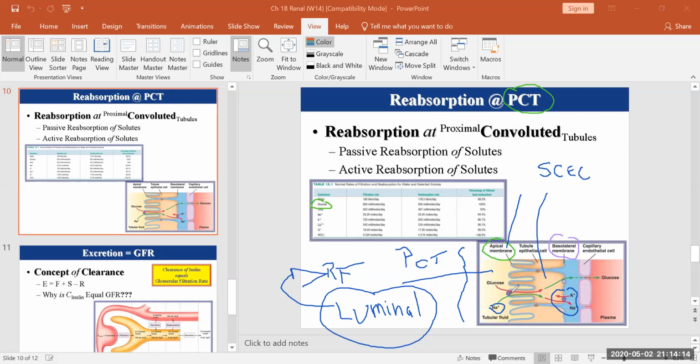When the symporter drives sodium from the renal filtrate side into the cell, glucose just tags along. Once glucose gets inside the simple cuboidal epithelial cell lining the wall of the PCT, it's simply transported out.